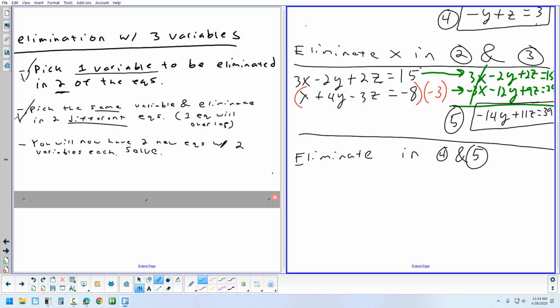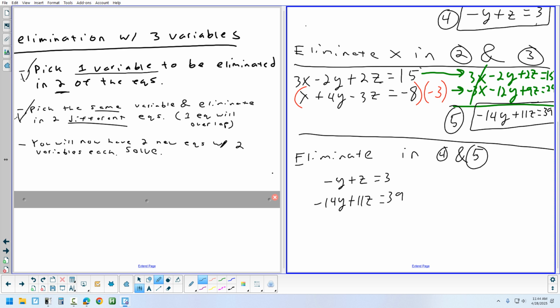At this point, I have no choice what I want to work with. I do want to work with equations 4 and 5. I don't know what letter I want to eliminate yet, so I left it blank. So we have negative y plus z equals 3. And negative 14y plus 11z equals 39.